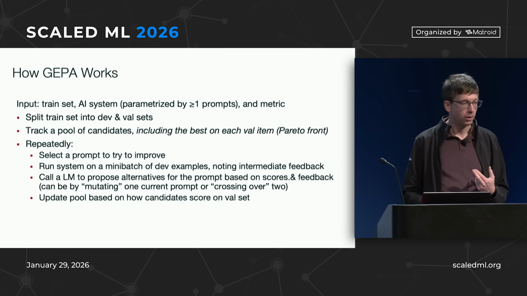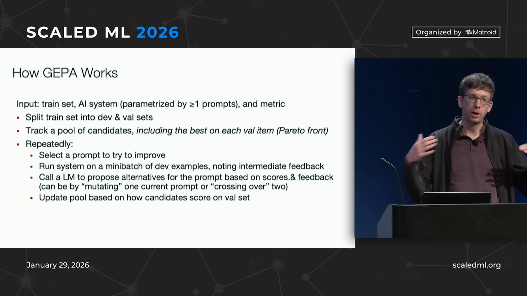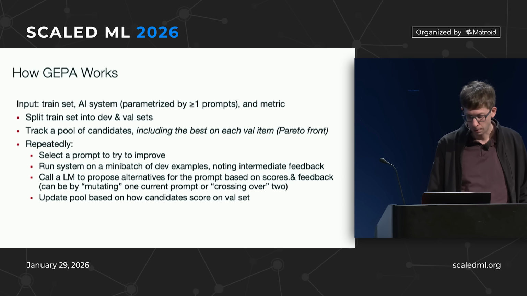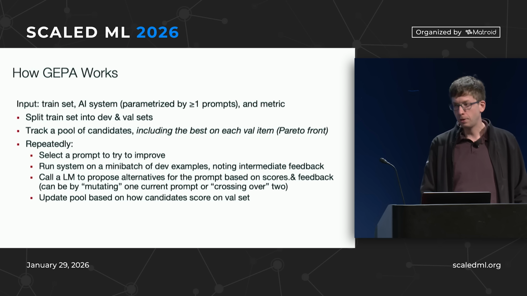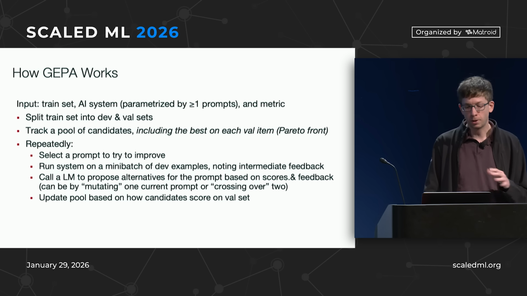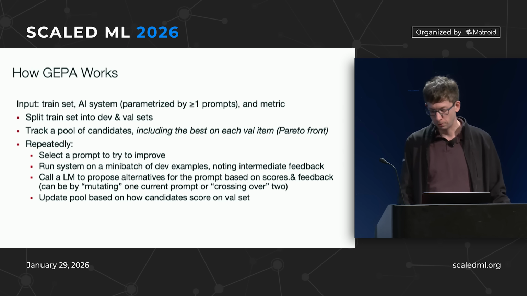And that can be done by mutating one or by looking at two of them and trying to cross over some ideas. That's why it's evolutionary inspired. And then we've got all these new candidates. We check them on the val set. There is a chance of overfitting the dev set because it might just tell you, oh, here's the solution. But if it also passes this held-out val set, it will actually generalize pretty well. And we just do this in a loop.